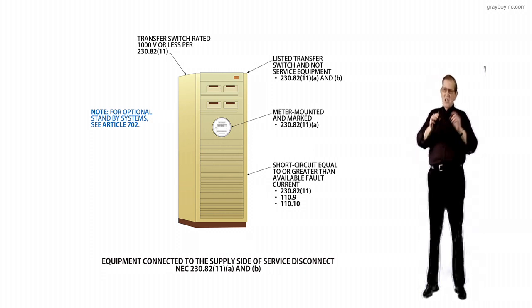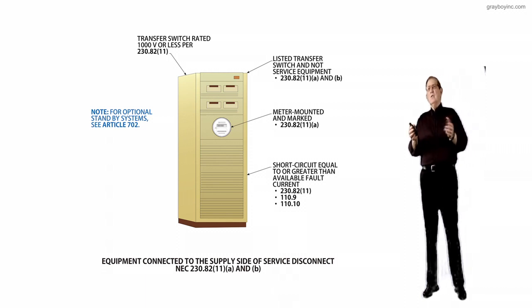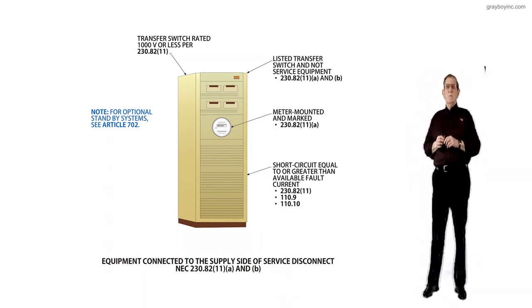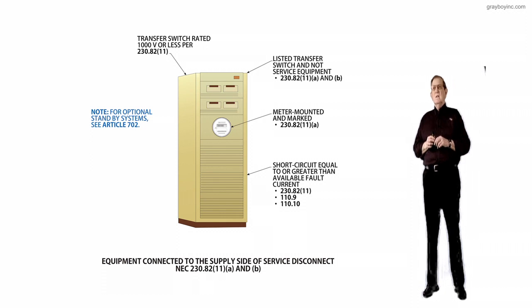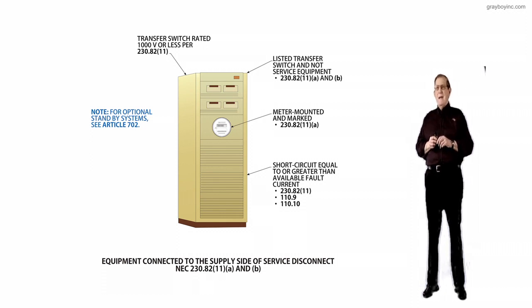That kind of gave a cushion so we wouldn't blow circuit breakers and terminals apart and cause damage. But with the equipment that they manufacture today, that's not necessary. So they wanted to change this and say equal to or greater than.